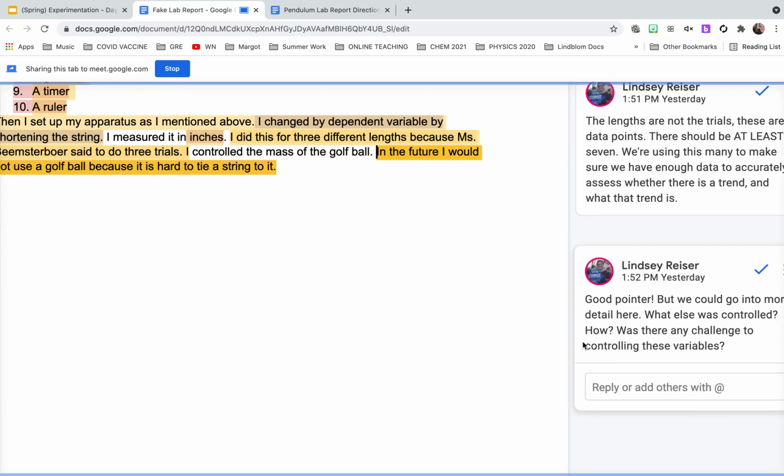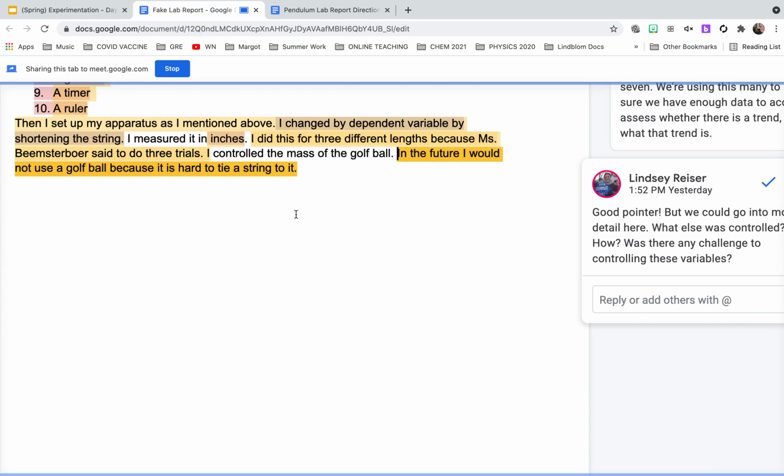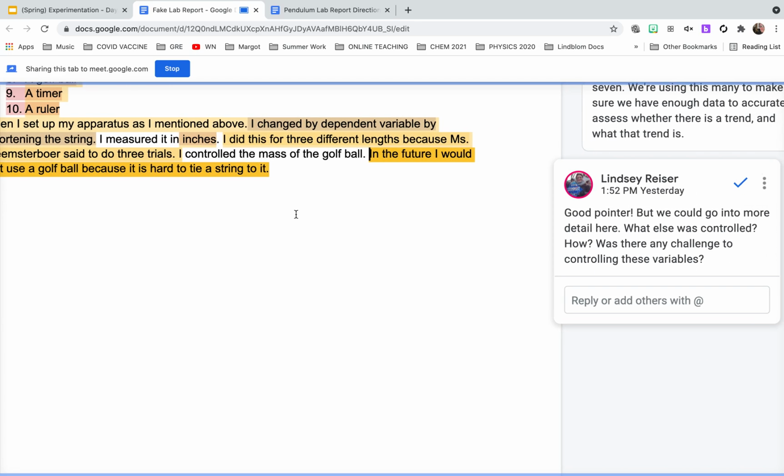And then finally, this: "In the future, I would not use a golf ball because it's hard to tie the string to it." Okay, that's a really good error to point out, okay? But also you can go into more detail there. So what else did you control? How did you control those things?